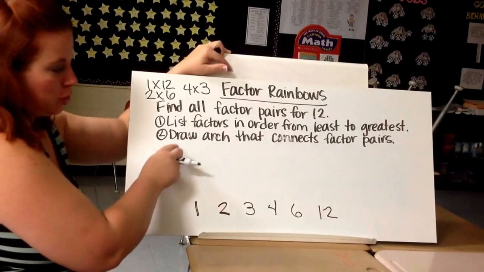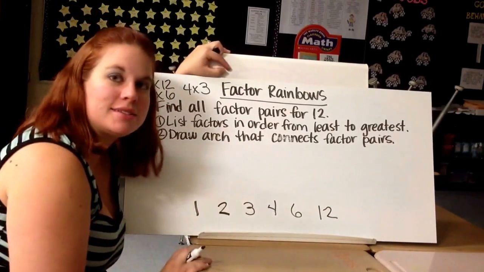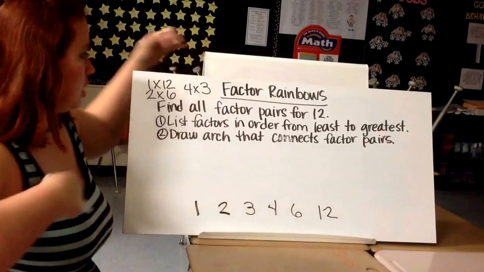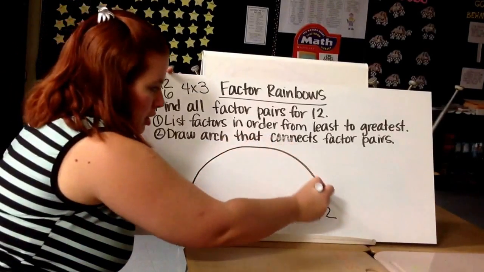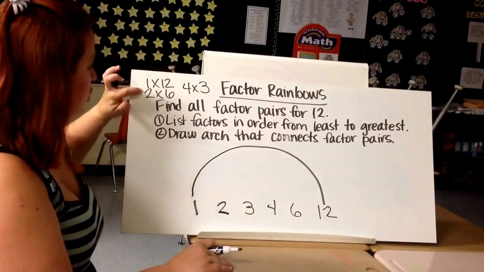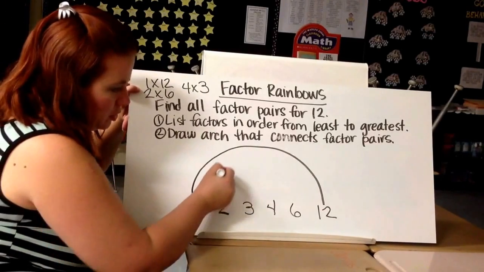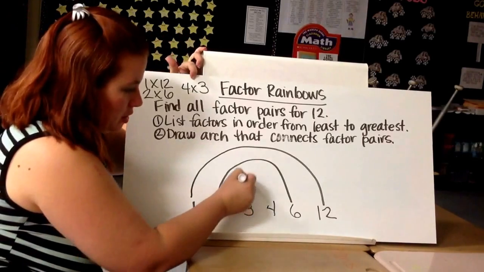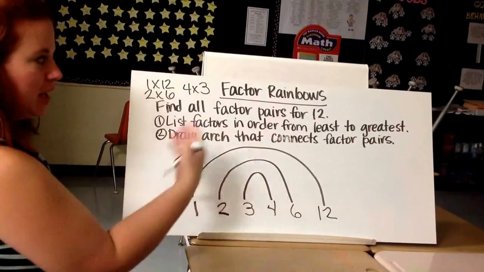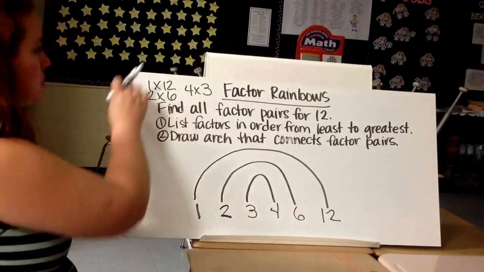Now it says draw an arch that connects the factor pairs. So 1 matched 12, so I'm going to draw an arch from 1 to 12. 2 went with 6, so 2 matches 6. And 4 matched 3, so I'm going to match those. And now we have our factor rainbow.